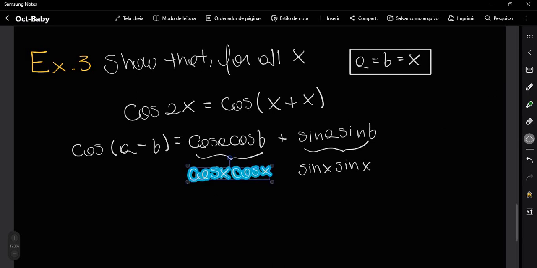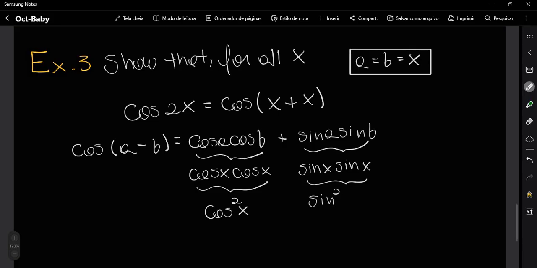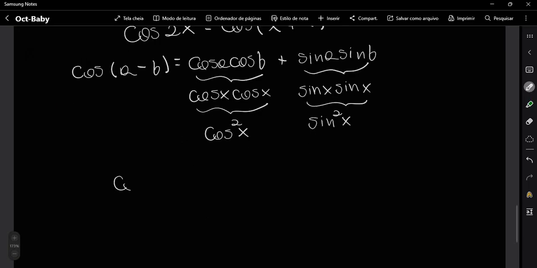Okay, and this is equal cosine square of x, and this is equal sine square of x. So cosine of 2x is equal cosine square of x plus sine square of x.